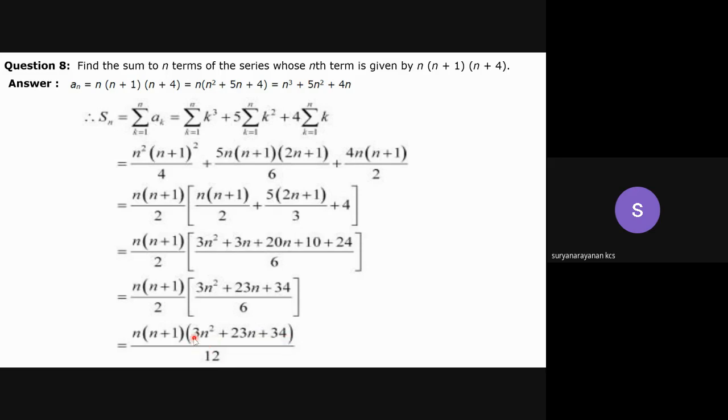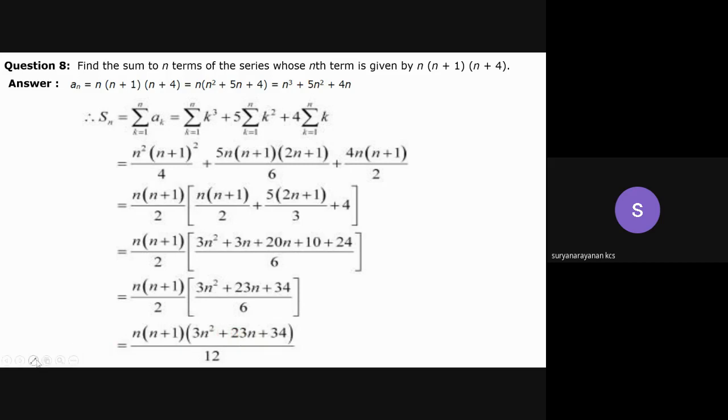Here we cannot write the factors of this quadratic expression. That is why we have left. This is a single term. We have found sum to n terms of the given series as a single term. If it is possible to write the factors of this quadratic expression, we have to write them. Otherwise, we leave it as it is.